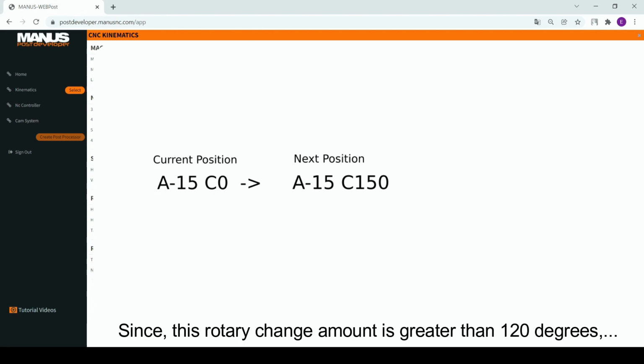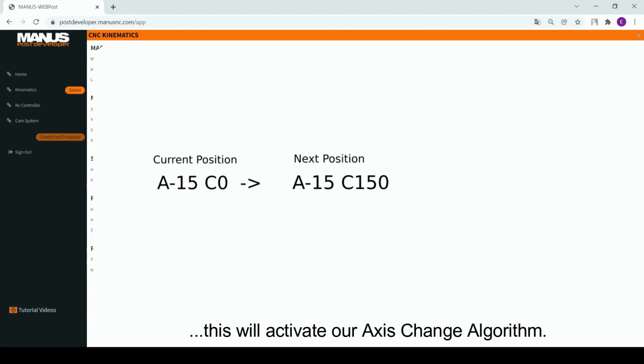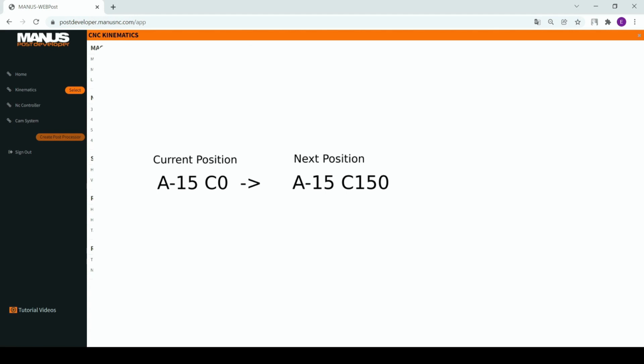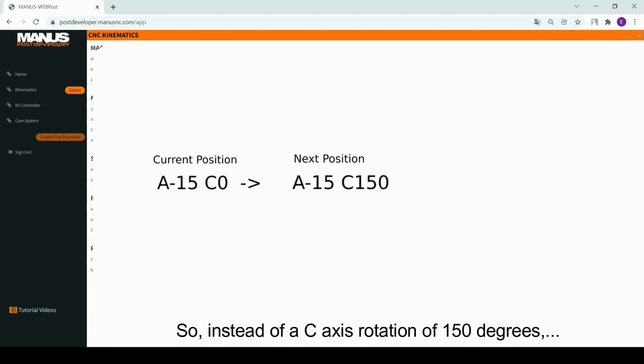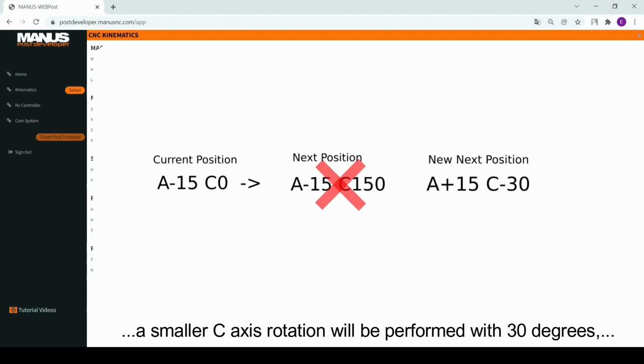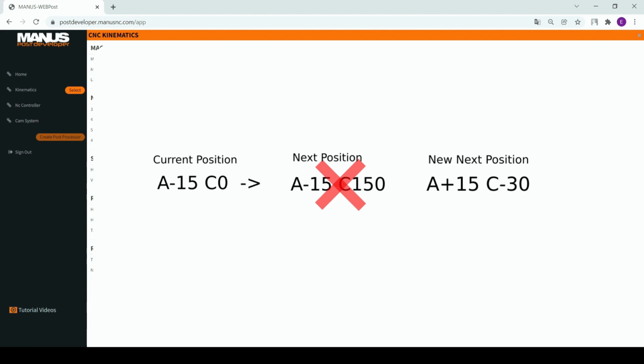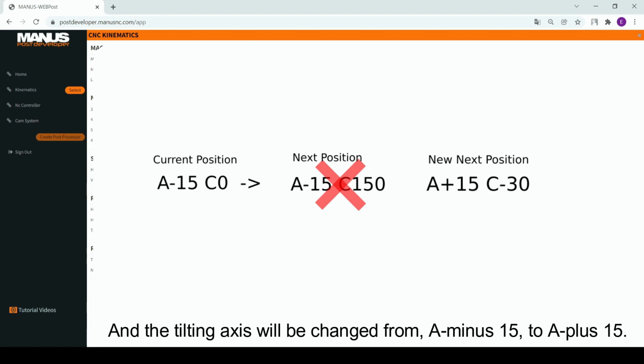Since this rotary change amount is greater than 120 degrees, this will activate our axis change algorithm. So, instead of a C-axis rotation of 150 degrees, a smaller C-axis rotation of 30 degrees will be performed on the opposite side. And the tilting axis will be changed from A-15 to A+15.